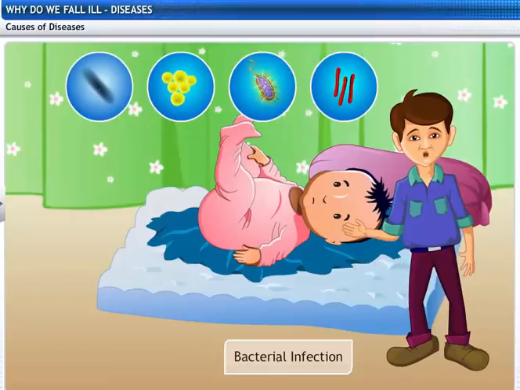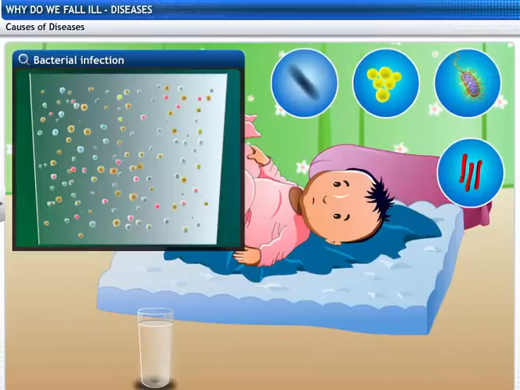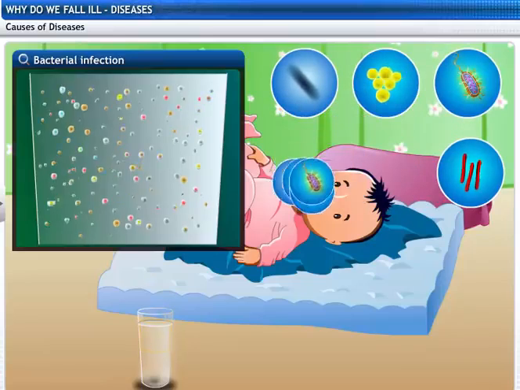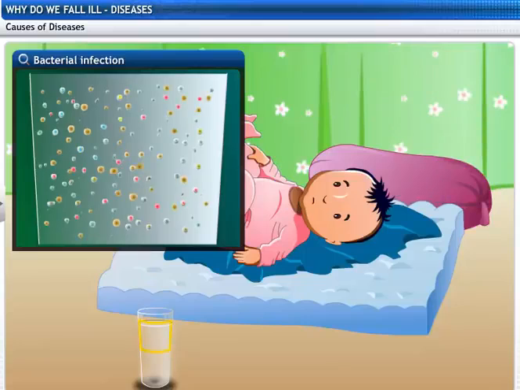Bacteria could have entered the baby's system through unclean drinking water. So, lack of clean drinking water becomes a first-level cause of the disease. What else could be the causes of this disease?